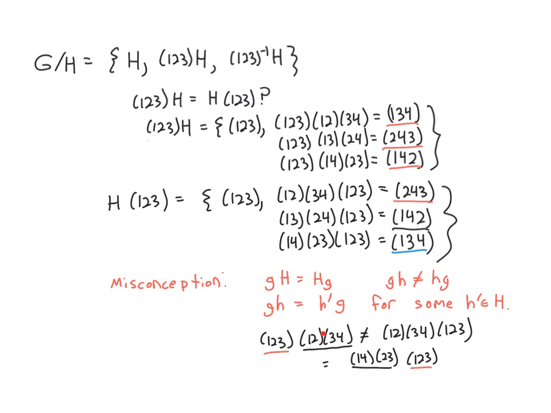So you're replacing this element in your normal subgroup with a different element in the normal subgroup. So it's sort of like a commutativity, but the element in the subgroup is getting replaced. That's an important trap not to fall for. It's a generalization of commutativity, but it's slightly different.